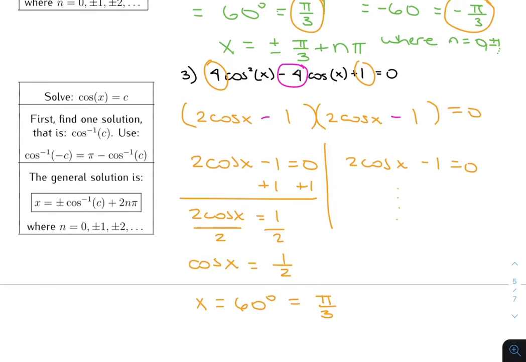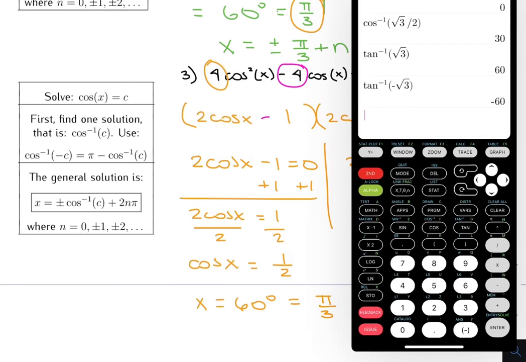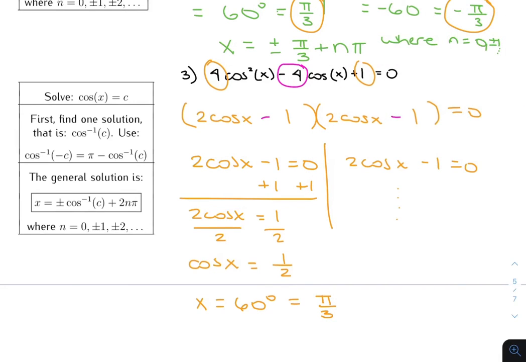And we can double check that. You guys can do second cosine to get that cosine inverse of 0.5, and that gives you 60 degrees. So your final solution would be x is equal to plus or minus pi over 3 plus 2n pi.